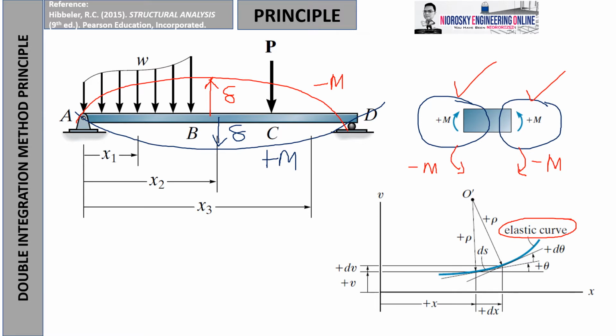Now, for every curvature there is a possible radius that might be considered, represented by rho, with a common center, let's say O prime. Then as we analyze this length, that is what we call ds, representing the differential strip length, and dx with respect to the horizontal, and of course the differential change of the angle, d theta, measured from the original tangent line up to the next tangent line.